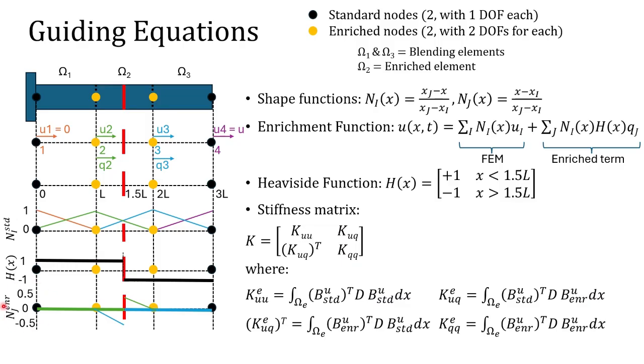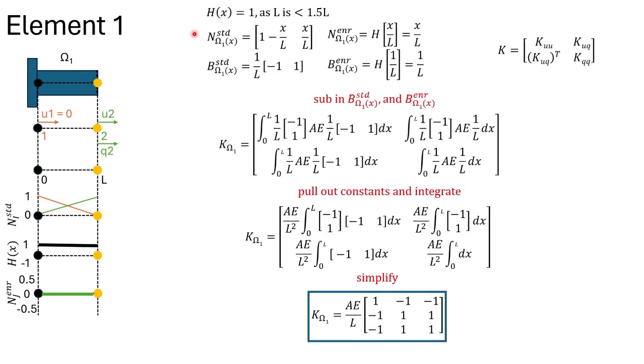For our enriched shape function, we're looking at how this can provide continuity across our enriched element, element 2. So here we're looking at element 1. At this element, we're using the Heaviside value of 1 because L is less than 1.5L, which is where our discontinuity is. And we can see that here we're going from 0 to L.